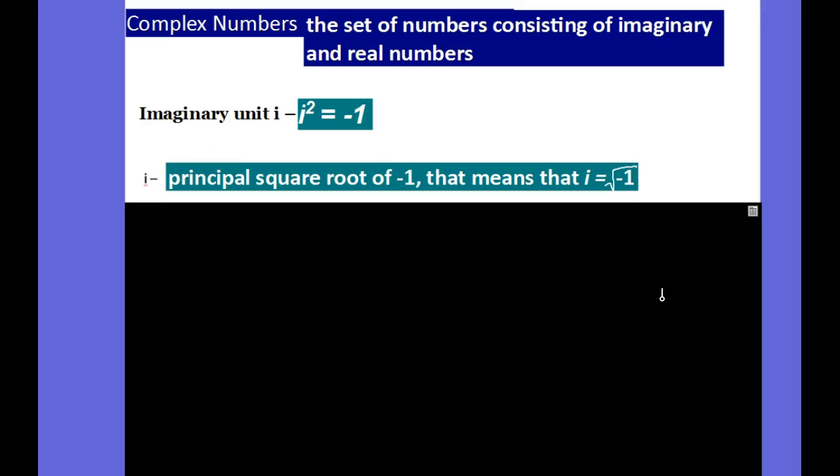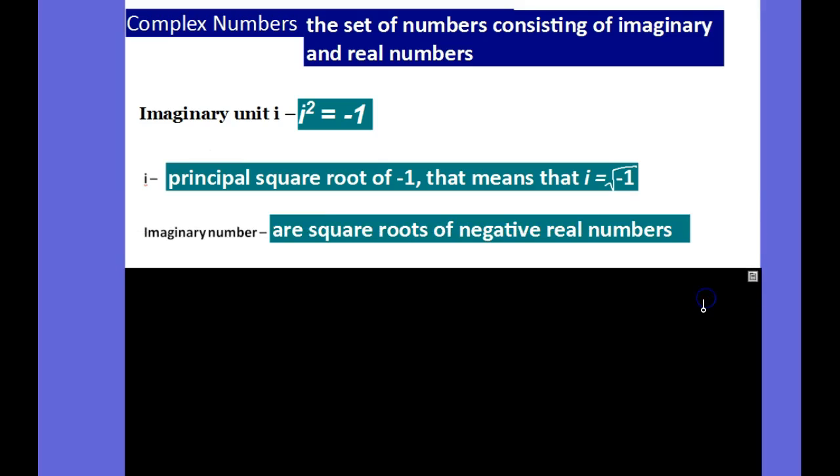The imaginary number is like I. Imaginary numbers are all the negative square roots in the world. So we're going to see some examples today where it's like the square root of -16 or the square root of -5. Those are all considered imaginary numbers.